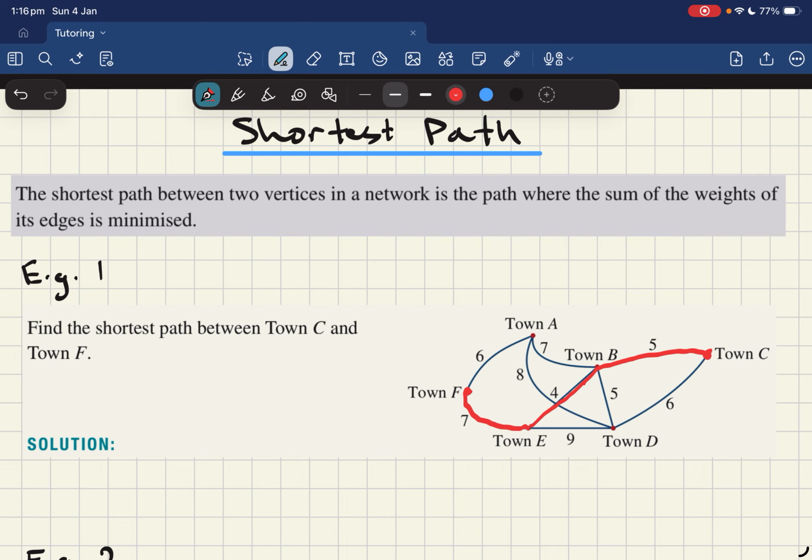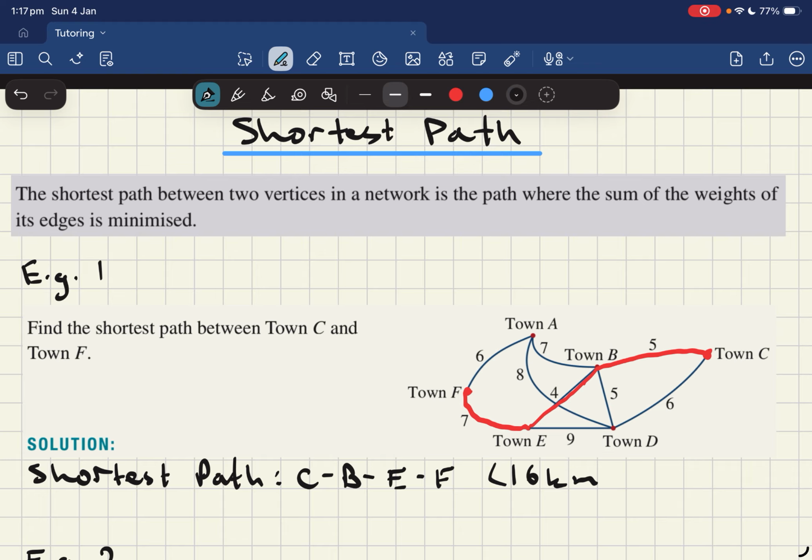So our shortest path, we're going to label it. We're going to write it out in the same kind of form as we've done before. So we can say the shortest path is C, B, E, F. And the length of this shortest path is 7 plus 4 plus 5, so that is going to give us 16 kilometers.